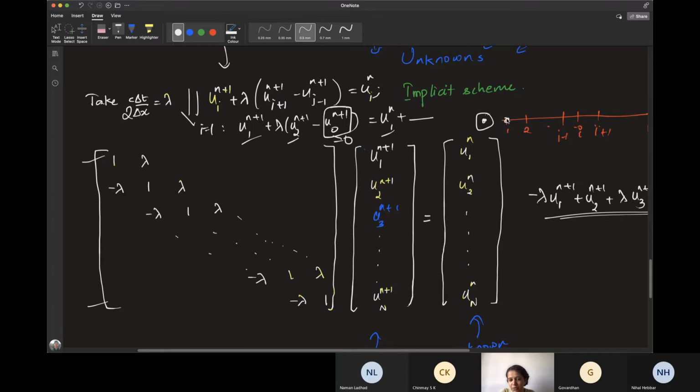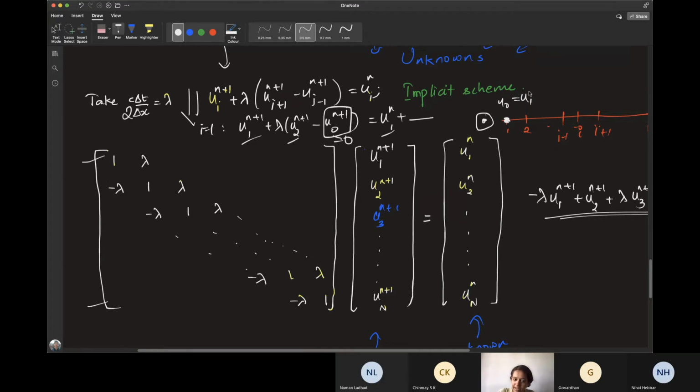If you want 0 flux, that is a no flux boundary condition, then you can take u0 to be equal to just u1 at all time steps.